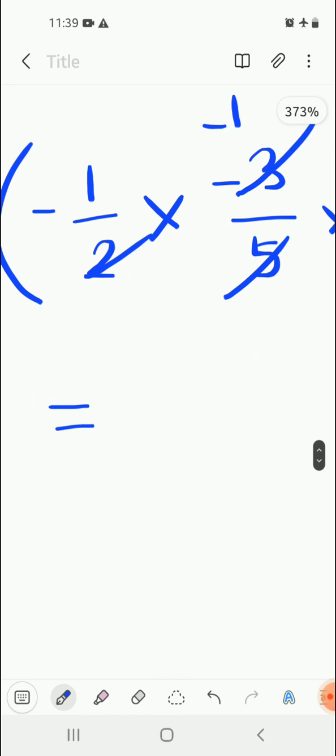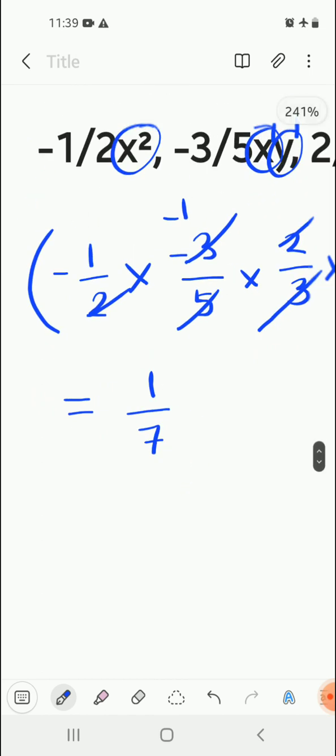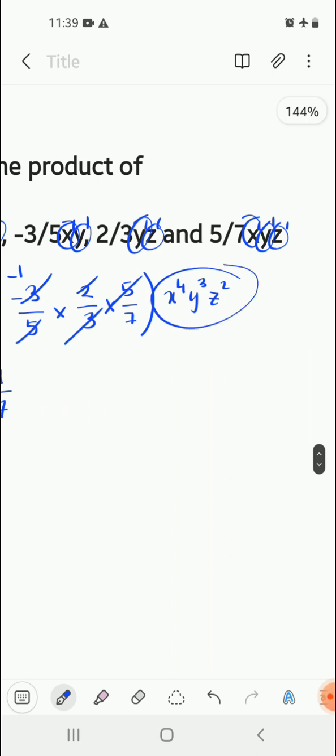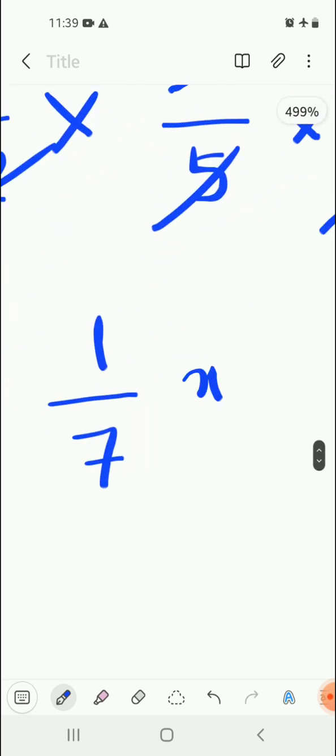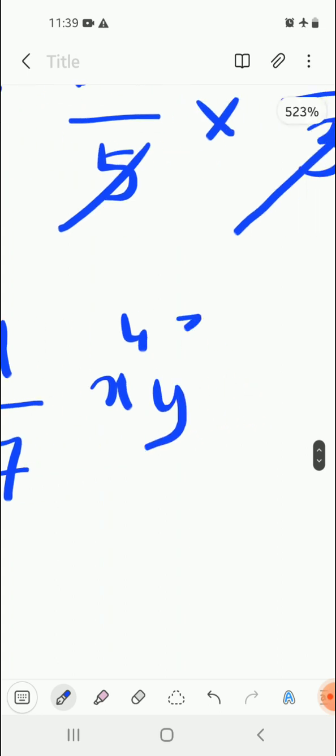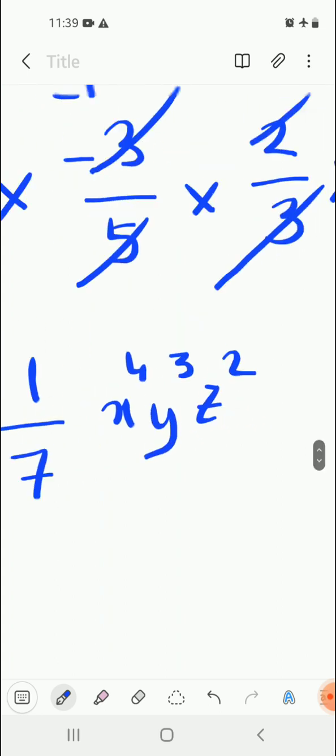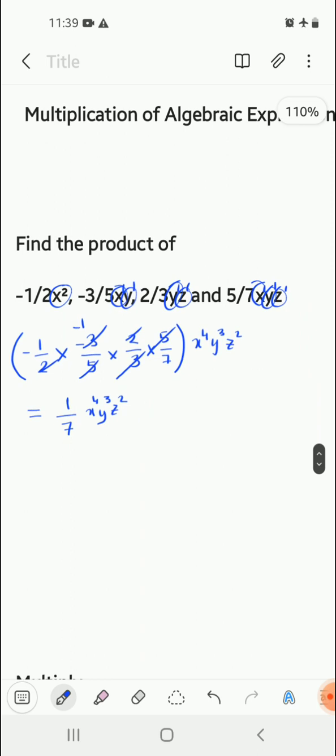So we write minus and minus, that is plus. So 1 by 7 is what we are left with, and this will be copied as it is, that is x to the power 4, y cube, that is y to the power 3, and z to the power 2, z square. That's it.